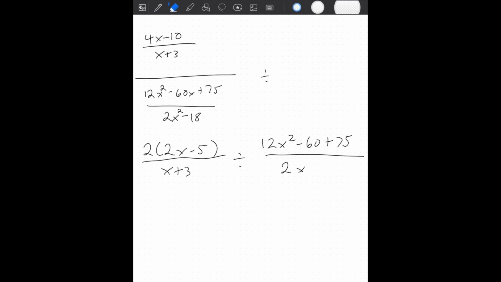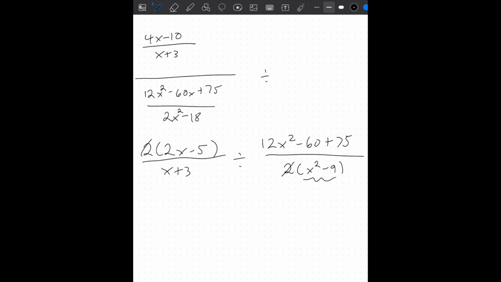So I'm just going to take out the 2, and it'd be x squared minus 9. So now this is a difference of squares. So we can condense it and cancel out the 2's. And then we'll factor the 12x squared minus 60x plus 75 as well.